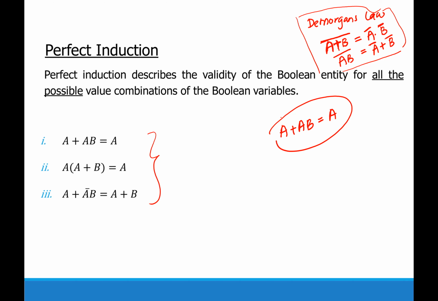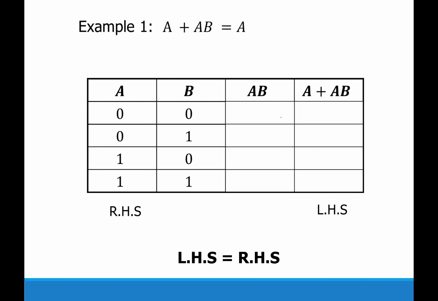So how do we do that? Now here we have A plus AB, and the other side we have A. We need to show that A plus AB is equal to A, which implies we need to show that our left hand side is equal to our right hand side.